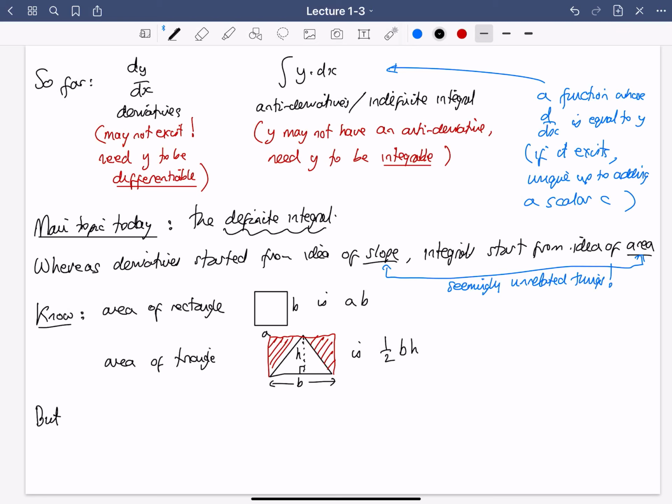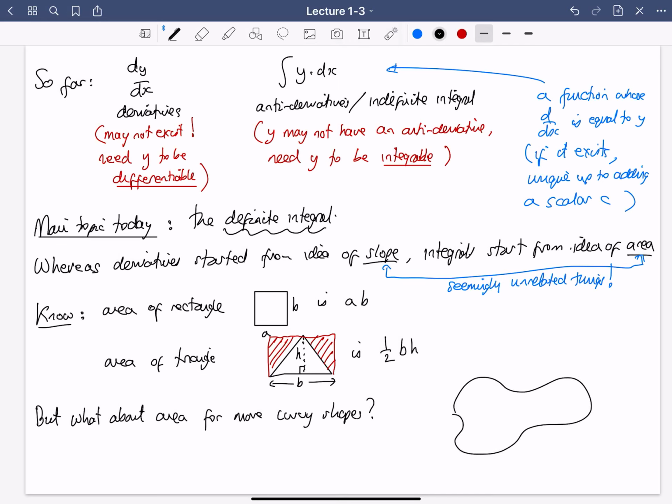But the question is, how do you make sense of area for more kind of curvy shapes? So you might have some sort of curvy shape. What do you mean by its area? And so this is something that you understood probably in elementary school.